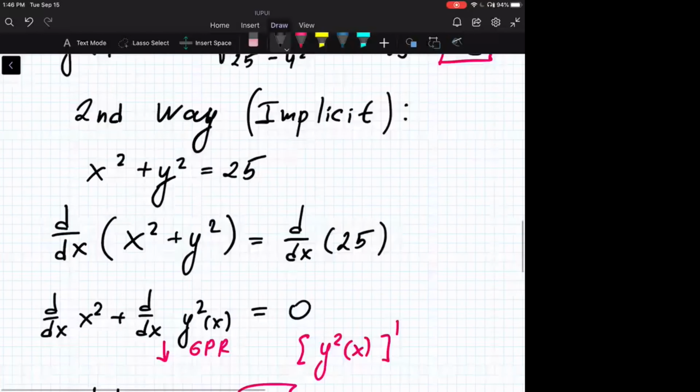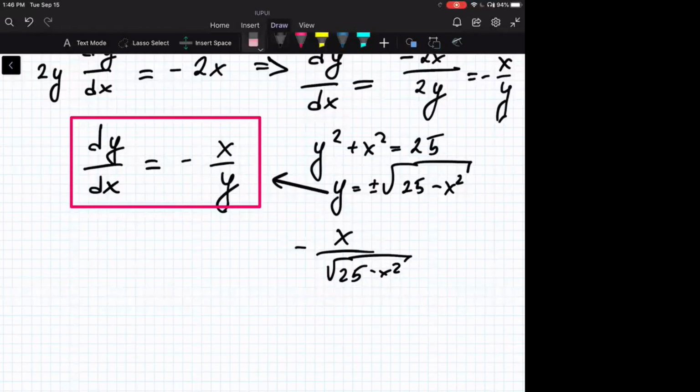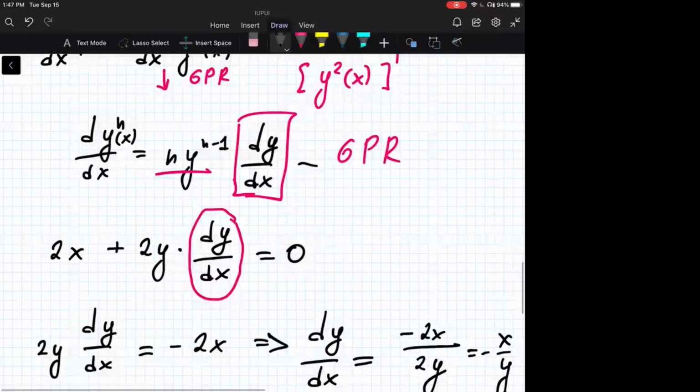But again, this is kind of a baby example where you can do both ways. And maybe after a few examples, we'll see a complicated equation where it's impossible to express y in terms of x. And in that case, you do not have the first way, because there is no way to write y as a function of x, but there is still a way to calculate the derivative.